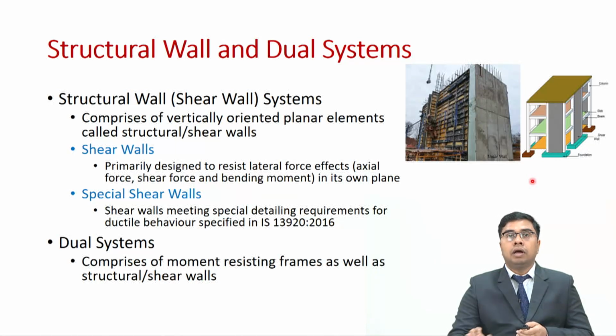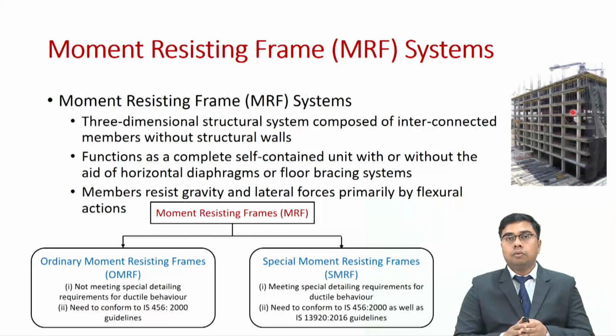So now, having discussed these, let us discuss the hierarchy of collapse in these systems. In the moment resisting frame systems, the first failure is expected to happen as plastic hinge formation in beams. Why?